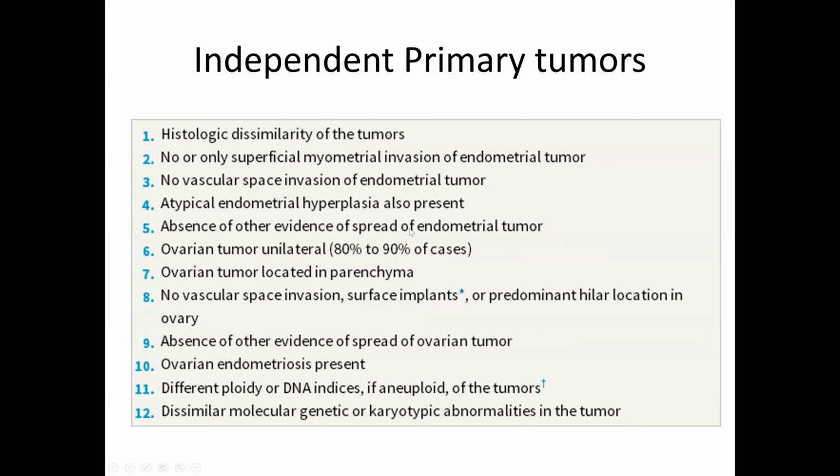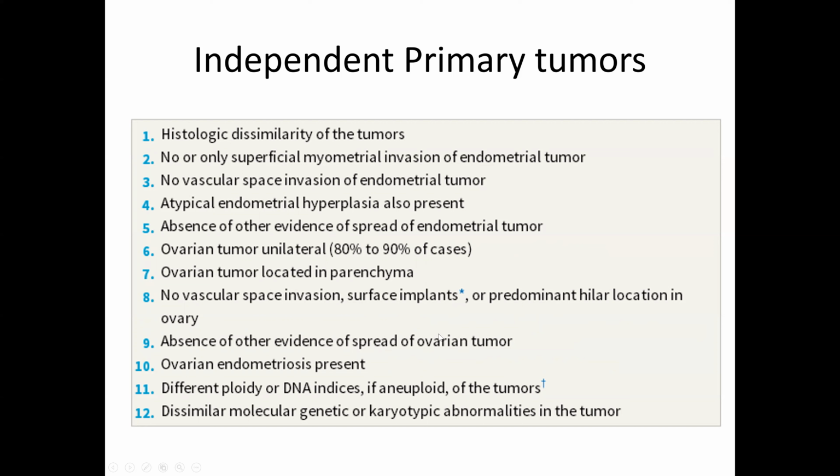The absence of spread of this endometrial tumor. No extension into other organs. And again, a unilateral tumor located in the parenchyma without vascular space invasion or surface involvement or involving the hilum. And then the absence of other spread of the ovarian tumor.